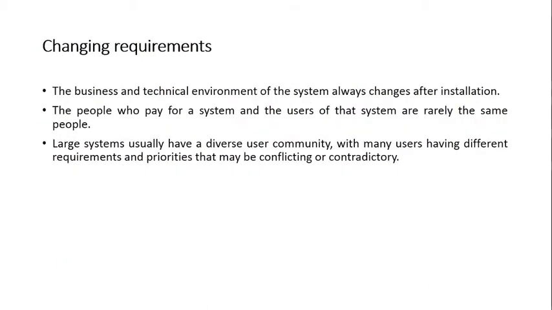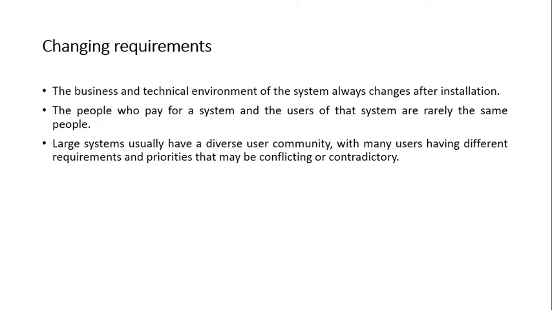In changing requirements, the business and technical environment of the system always changes after installation. One reason: the people who pay for the system and the users of that system are rarely the same people. So the customer has asked us to develop something, we developed it. But who is going to use it? The end users, not the customers, right? So end users might be expecting something else from the system apart from whatever is developed.